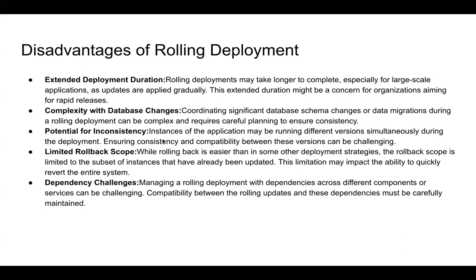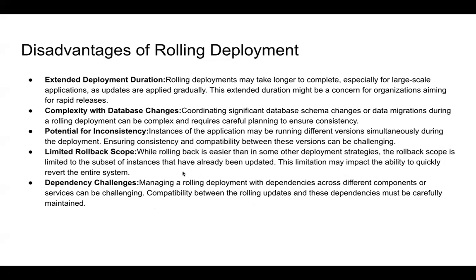Limited rollback scope. So while rolling back is easier than in some other deployment strategies, the rollback scope is limited to a subset of instances that have already been updated. This limitation may impact the ability to quickly revert the entire system.